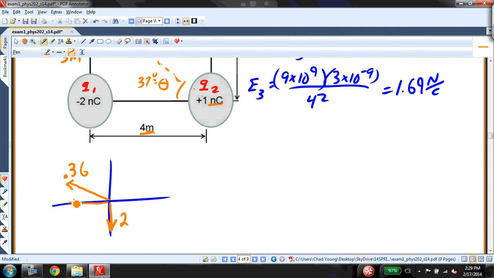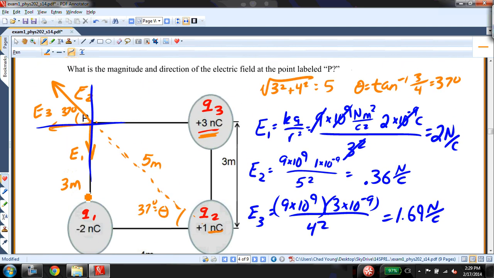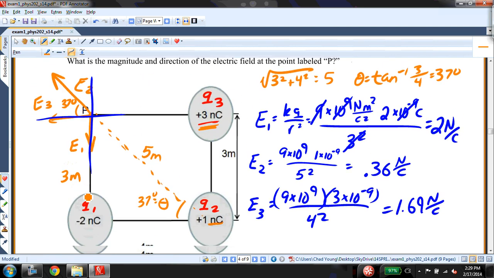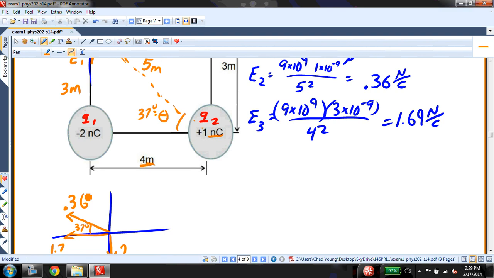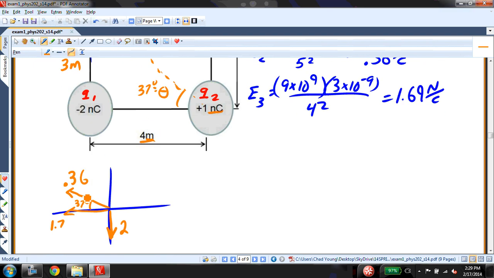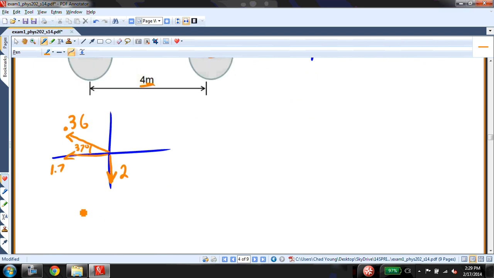And E3 had a magnitude of 1.7, and this angle is 37 degrees. Let's double check that. E2 is 0.36, E1 is 2. Yeah, that's right. Okay, so now I want to find the components of this vector.